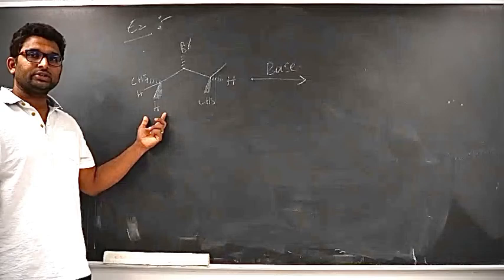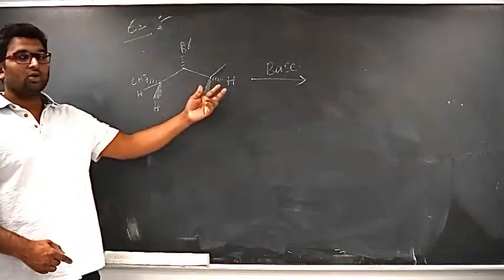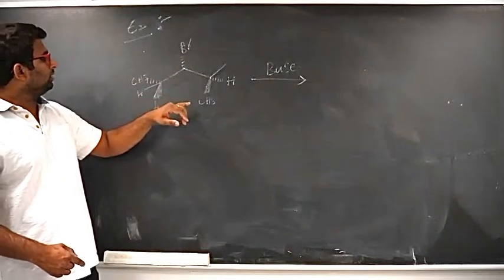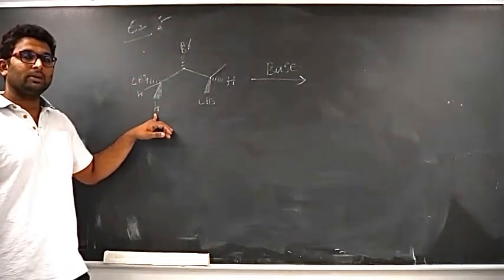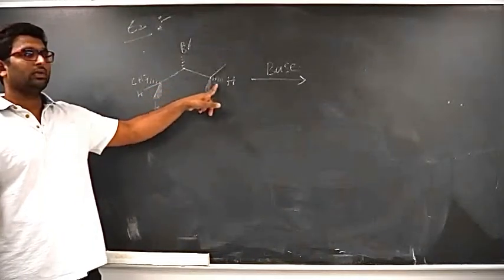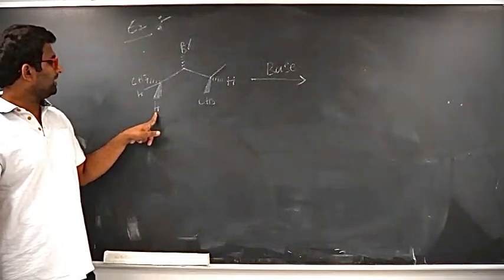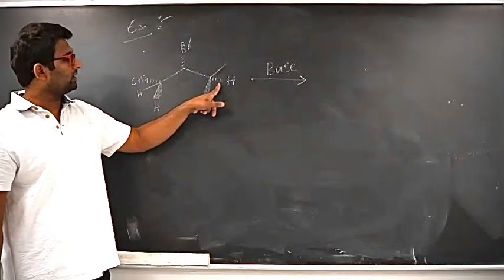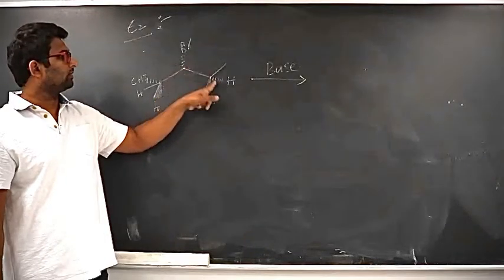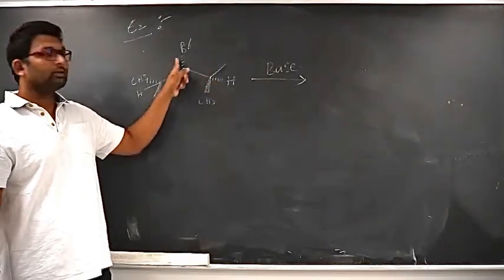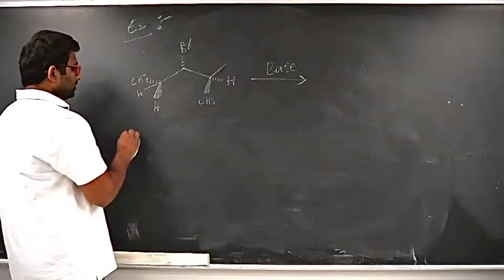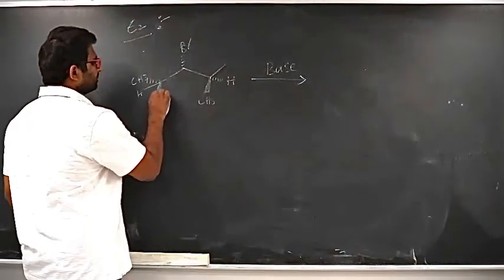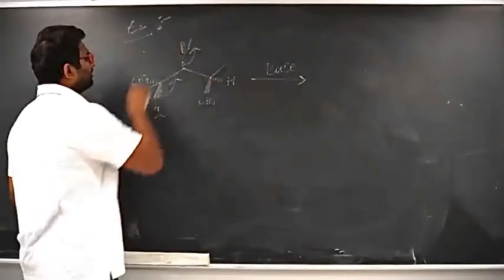Okay, I have a reaction here on the board. When you have a strong base, the leaving group bromine here, and we only lose hydrogen on the carbon on the left side, but not on the right side, because the hydrogen is antiplanar to this bromine. If you see the hydrogen on the right side, it's not antiplanar, it's on the same side. So the two leaving groups are supposed to be antiplanar to each other. So the base would take this hydrogen and it forms a double bond and the bromine leaves.